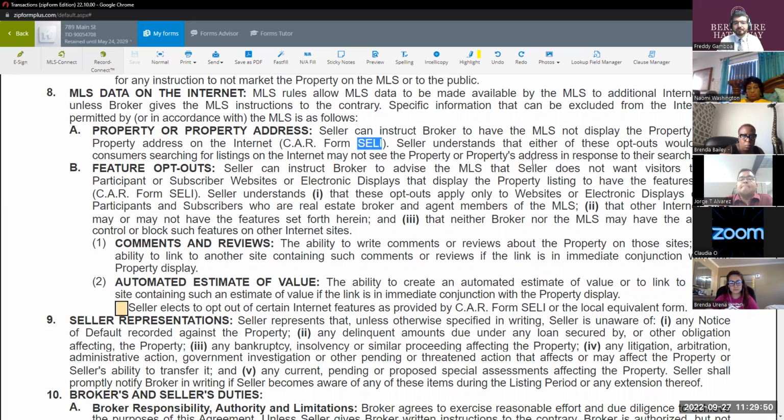Okay. Now, let me go back a little, let me sidetrack a little bit. Let's say the seller is okay with marketing the property. He wants to expose it, market the property. How many pictures do we need to have in the MLS? Minimum one.